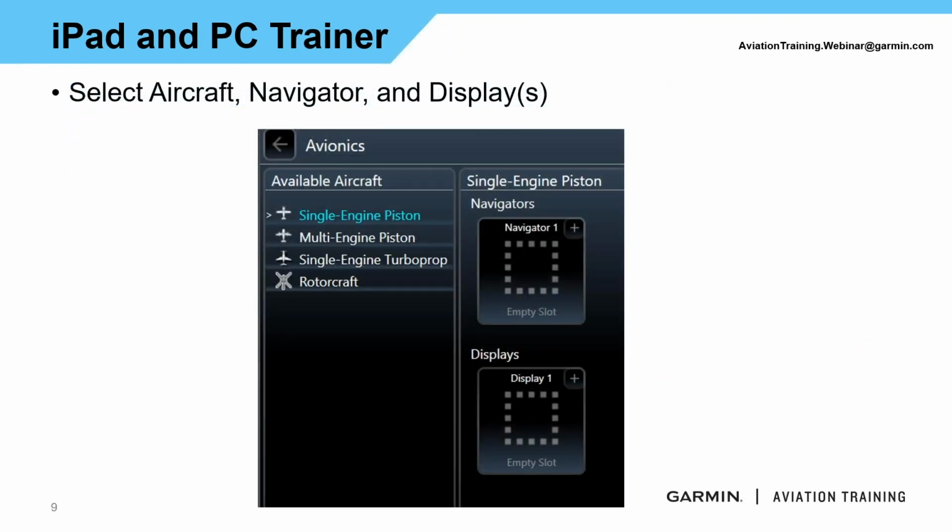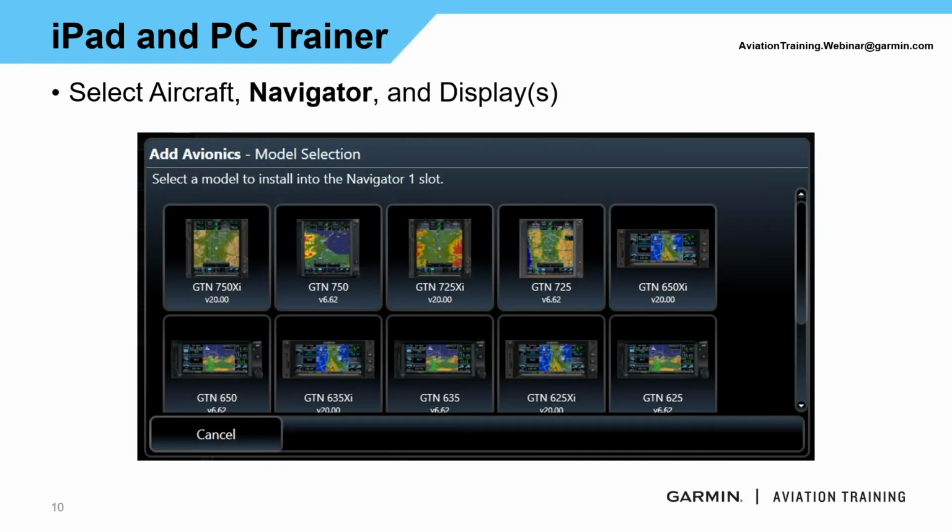So here's what it looks like when we start up the PC trainer. We do have the option to select the navigator and or display. So with the navigators, it's kind of our entire fleet that we still produce and support for the touchscreen side. So we still have the GTN 750, 650, all of the series. We have the XI. We've been keeping these pretty up to date on the software.